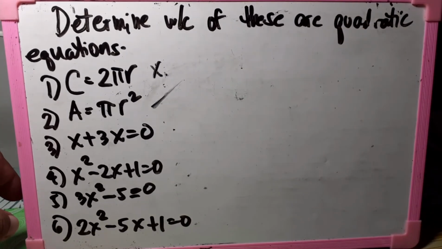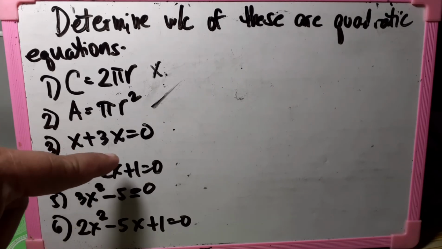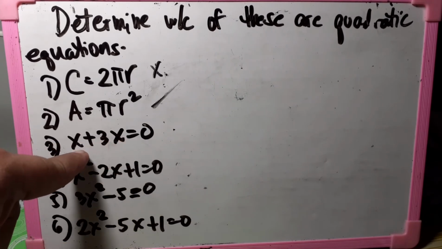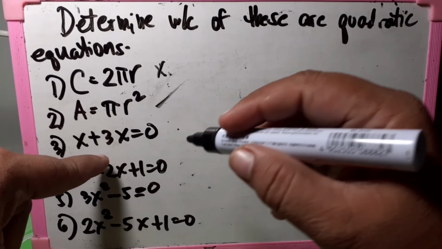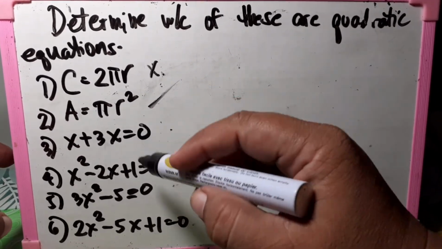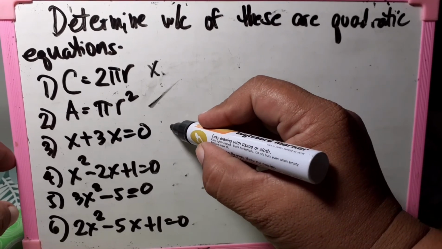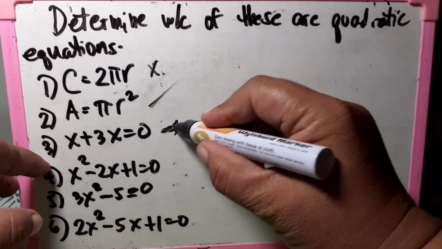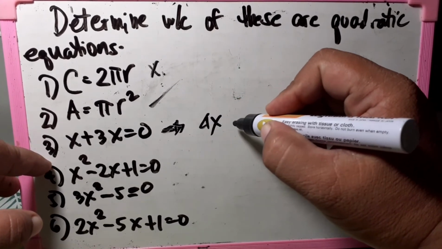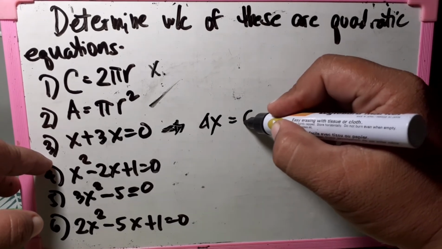Number three, x plus 3x equals 0. If you combine similar terms, because they have the same variable, x plus 3x becomes 4x equals 0.